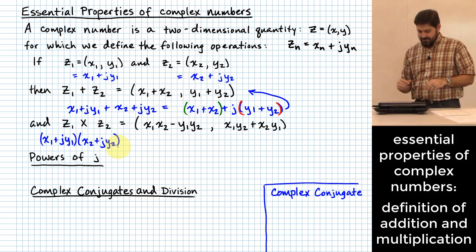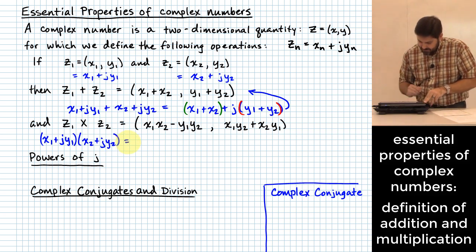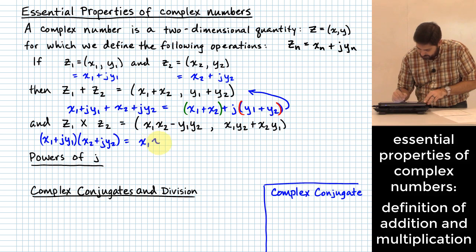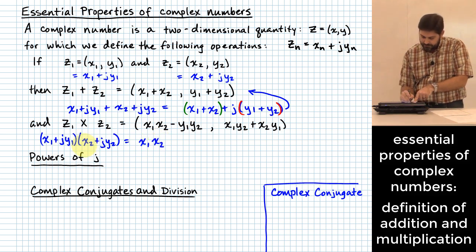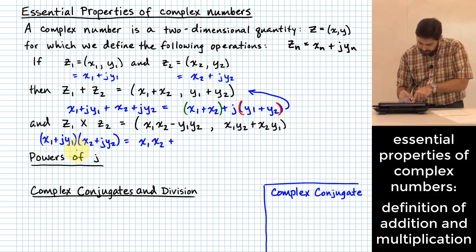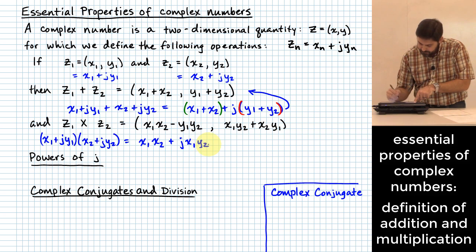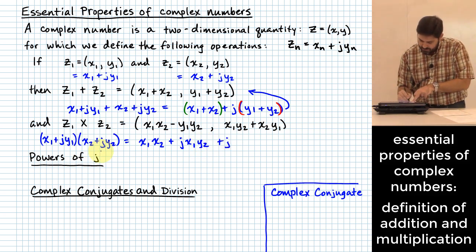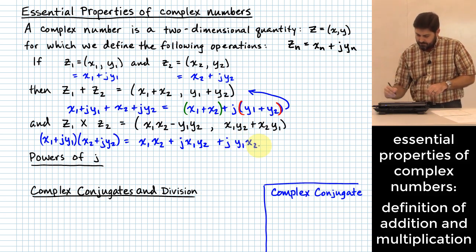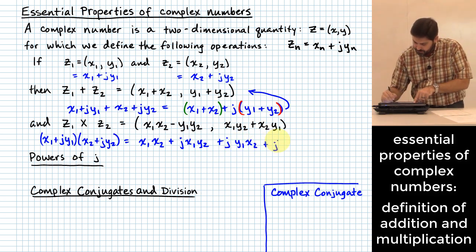What does that mean? First, x1 x2, that'd be the first pair. Then what? Outside, so plus j x1 y2. Then what? Plus j y1 x2. Then what? Plus j squared y1 y2.